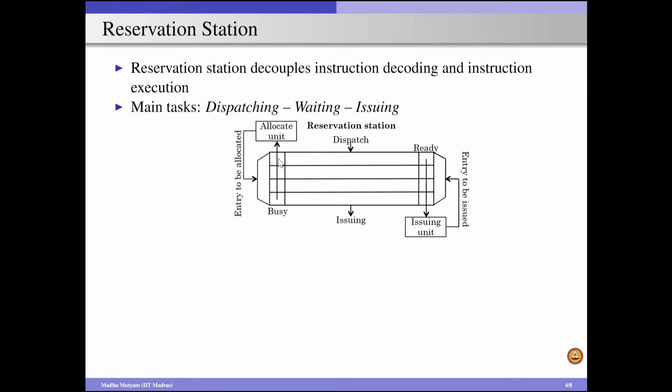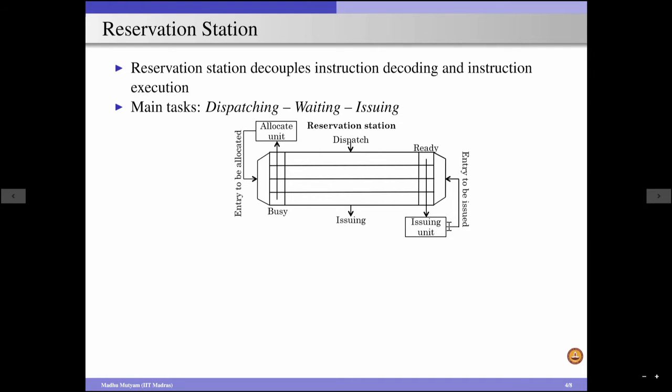So, if the instruction's operands are not ready at the time of dispatch, we have to send the register tag to the reservation station, so that whenever the producer instruction produces the value for the corresponding register, we can send the data to the waiting instruction that is stored in the reservation station.